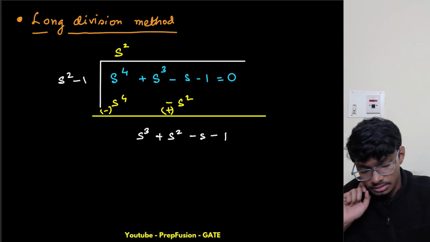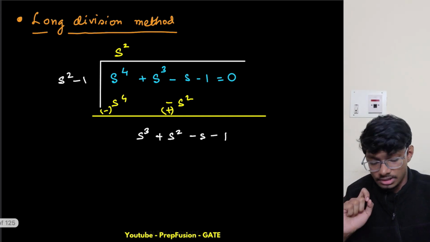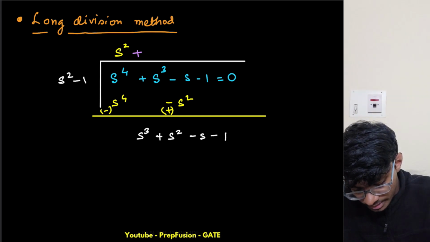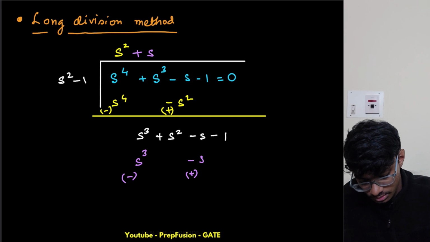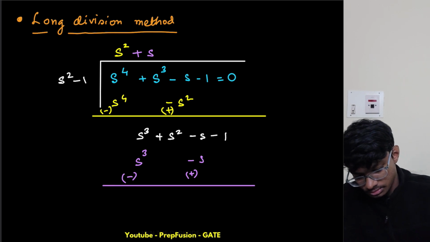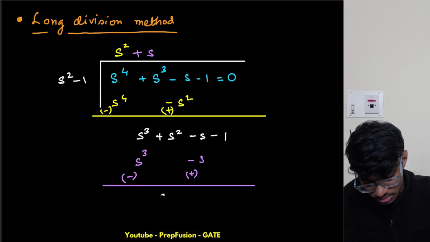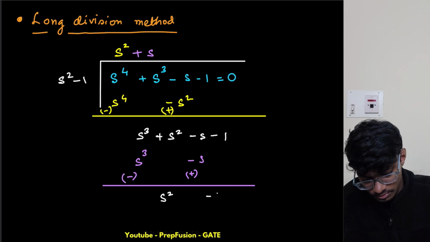Then I multiply by s. If I multiply by s, I again take this one out of my equation, and this is minus s. So this will be minus and this will be plus, and this is s square, and again this is minus 1.